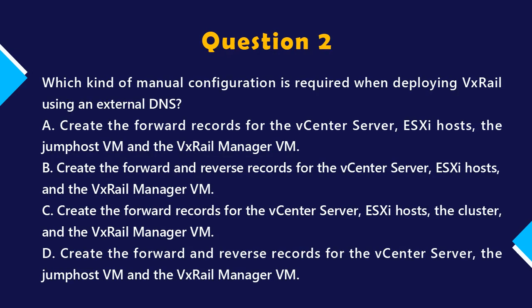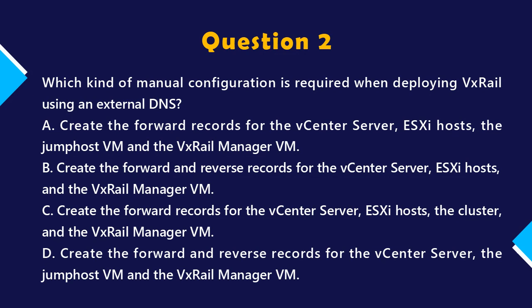Question 2. Which kind of manual configuration is required when deploying VxRail using an external DNS? A. Create the forward records for the vCenter server, ESXi hosts, the jump host VM and the VxRail manager VM.